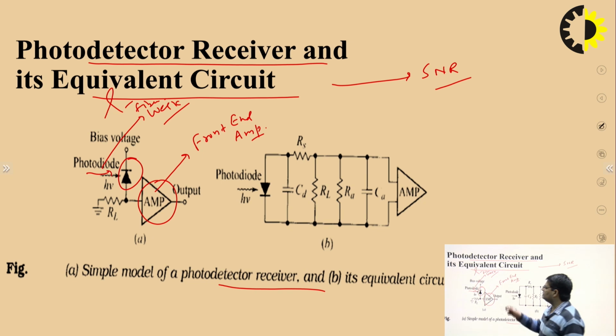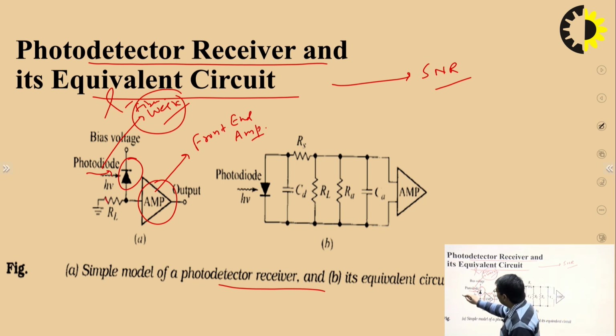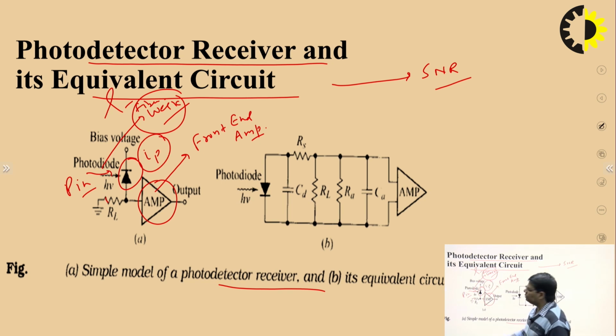So there is loss, that's why the signal is very weak, and if the power applied here is very weak, then the corresponding electrical signal or photocurrent obtained will also be very weak. So to amplify or to improve the strength, we use an amplifier just after the photodiode, and this amplifier is known as the front end amplifier.